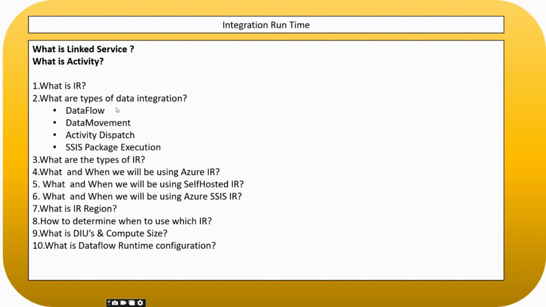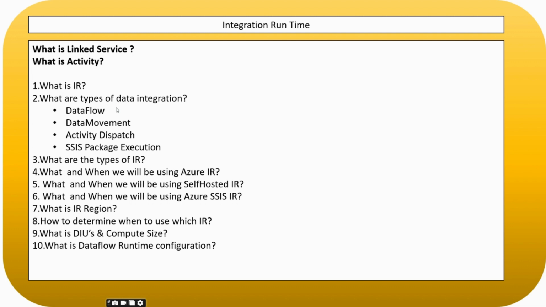Auto-resolve will automatically manage to pick the closest region possible, an IR near West US, and do the job there. Likewise, wherever my destination store is, my auto-resolve IR will automatically detect it and pick the IR closest to my destination or source data store. So that's the beauty of an auto-resolve integration runtime.